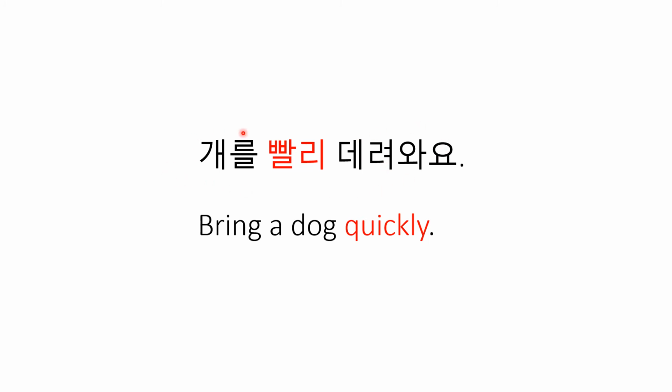Bring a dog quickly. 빨리 is an adverb. Adverbs are modifiers because they modify verbs. In English, adverbs come after a word which is modified. But in Korean, all sorts of modifiers come before a word which is modified.